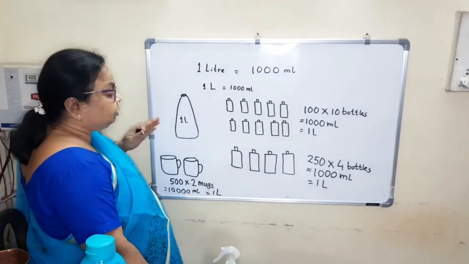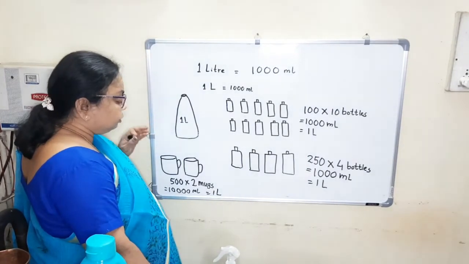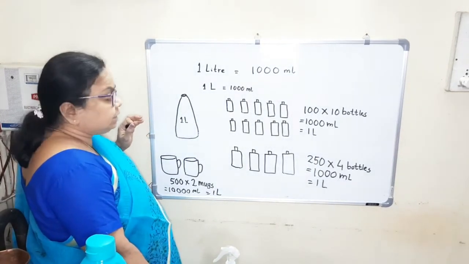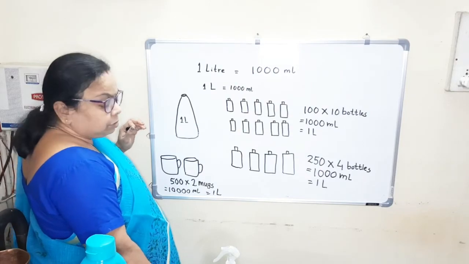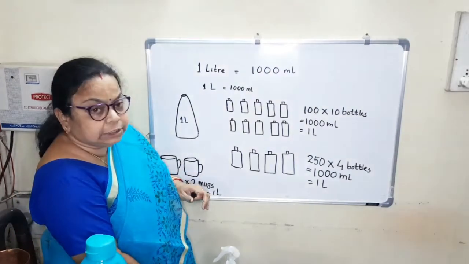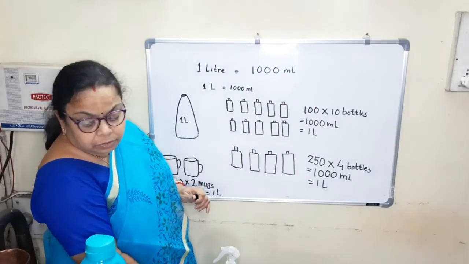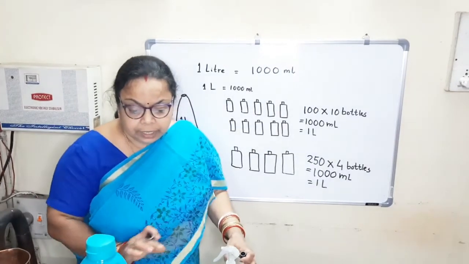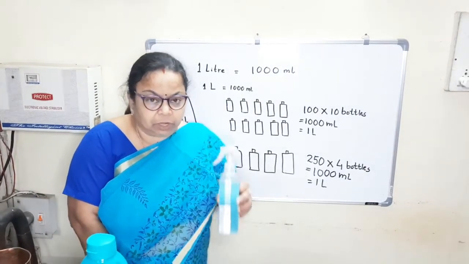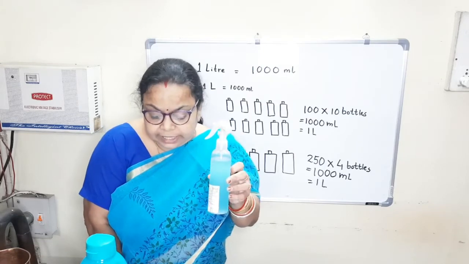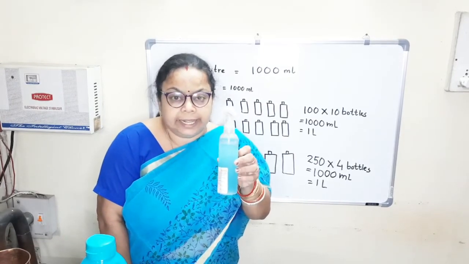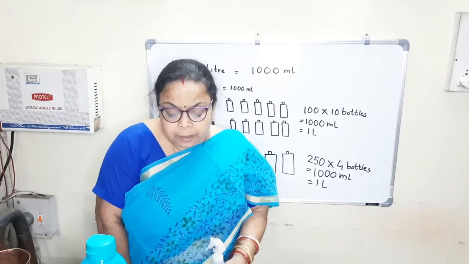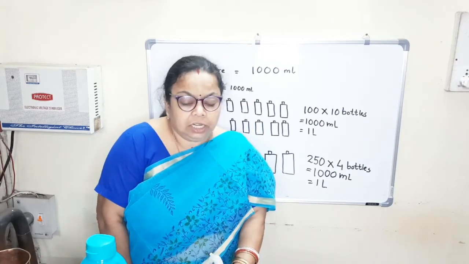Children, in this way, you know how we measure the small container. We measure the capacity of the small container, and we use a smaller measure called milliliter.